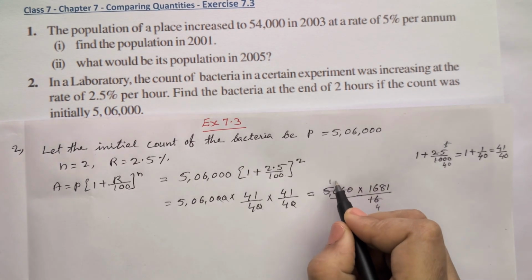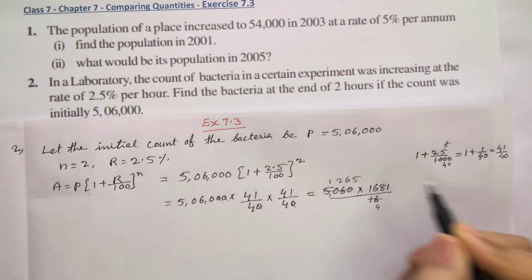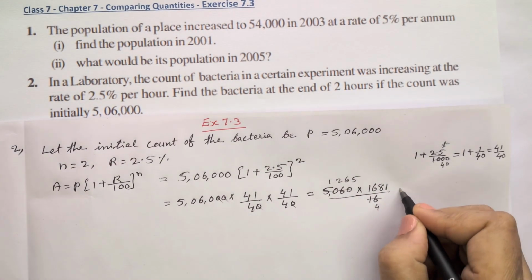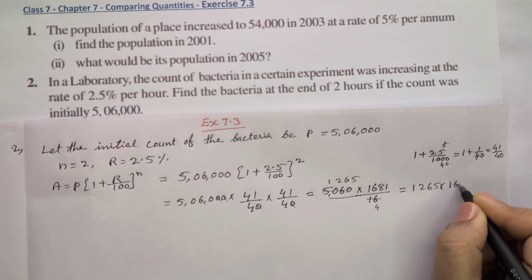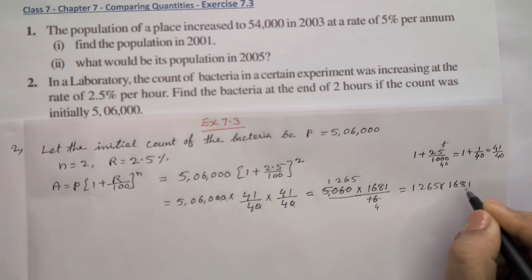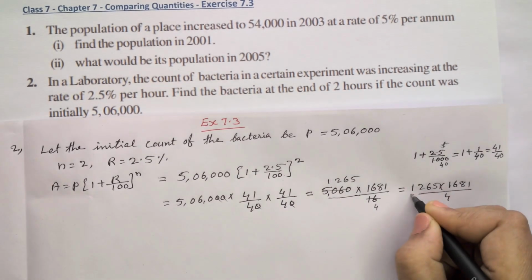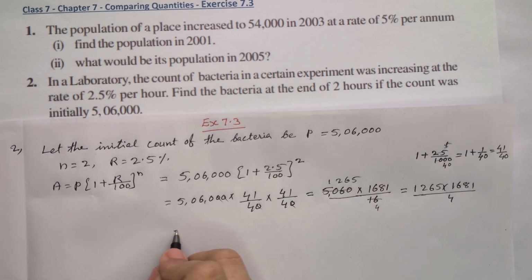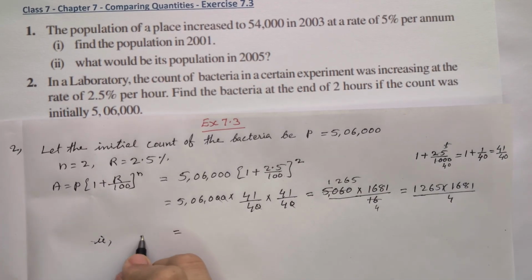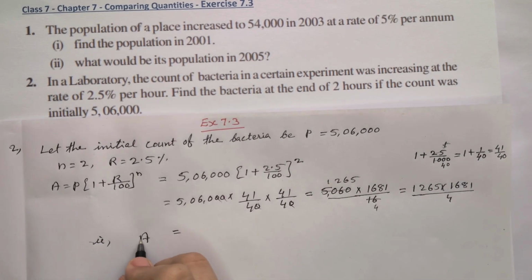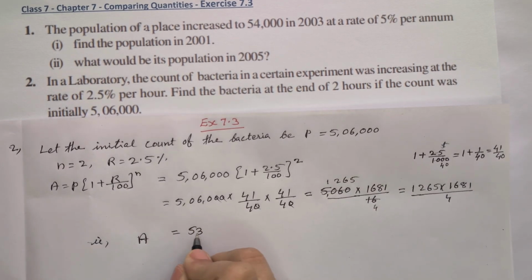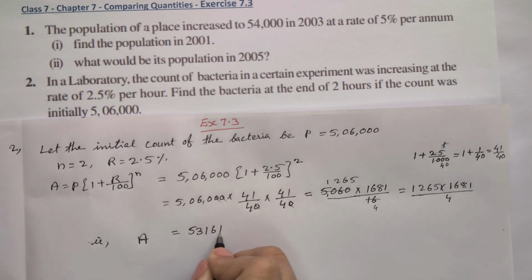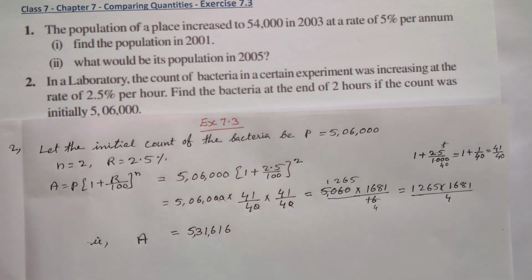Here we'll get 1, 5, which is equal to 1265 into 1681 by 4, and that is equal to 5,31,616.